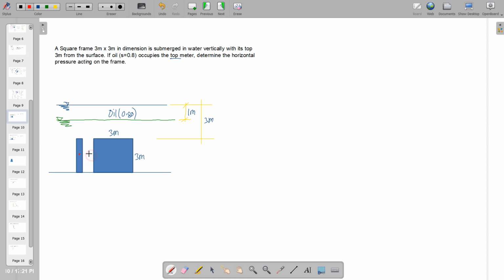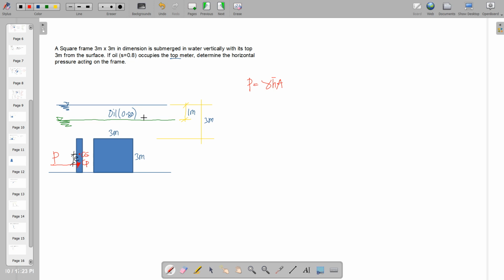So remember, from the center of gravity, we have a location below that by a dimension e to the center of pressure, where the hydrostatic force is located. P here, remember, is given by gamma h bar A. In this formula, we should use only a single, similar liquid. In this case, we have two different liquids wherein oil occupies the top meter.